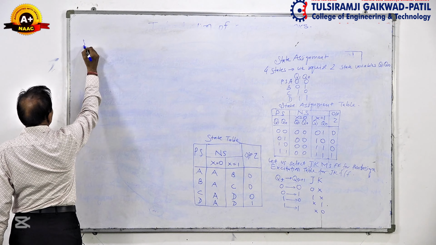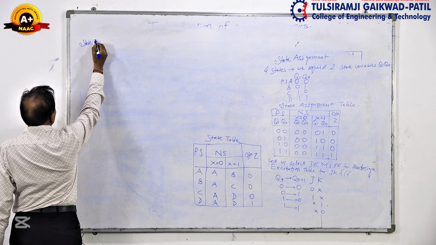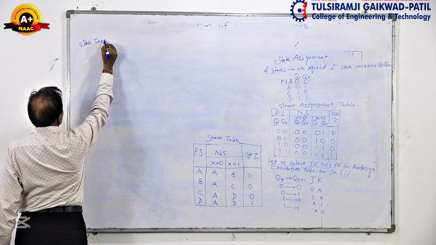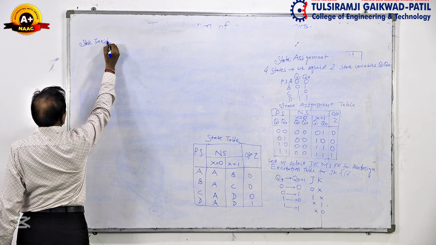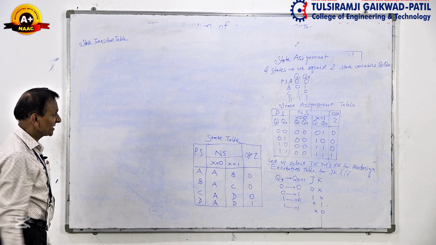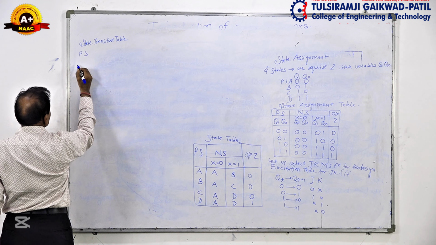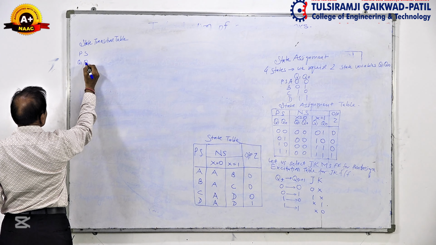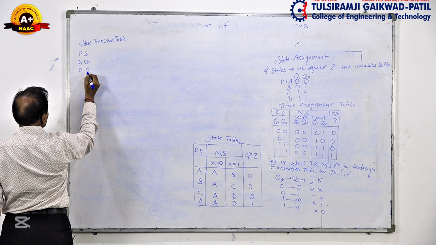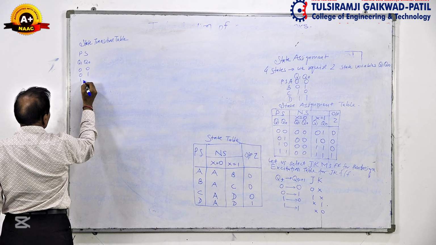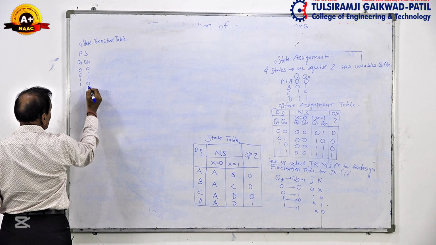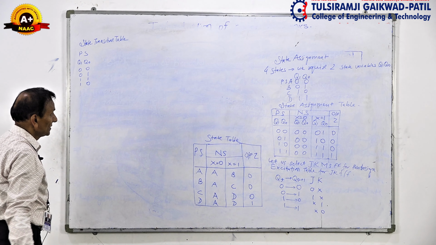Let us draw here state transition table. State transition table. So again we will have PS Q1 Q0 0 0, 0 1, 1 1, 1 0.